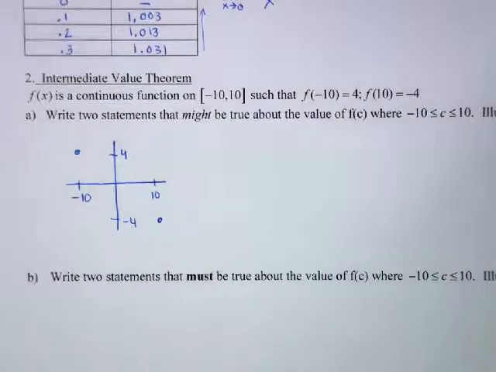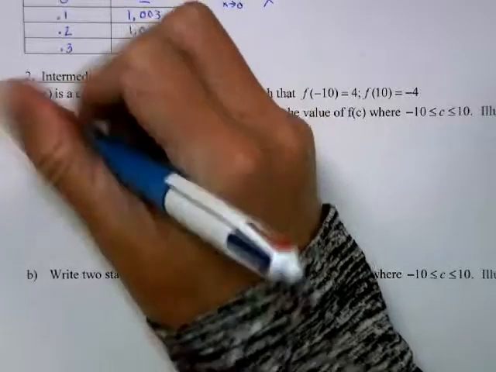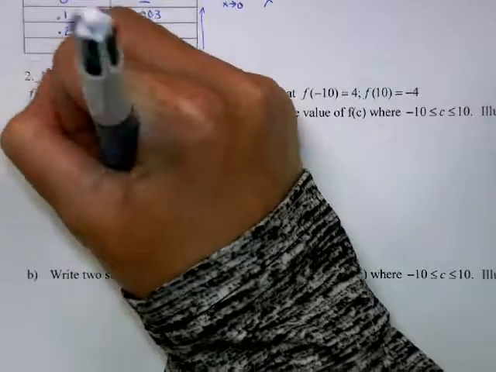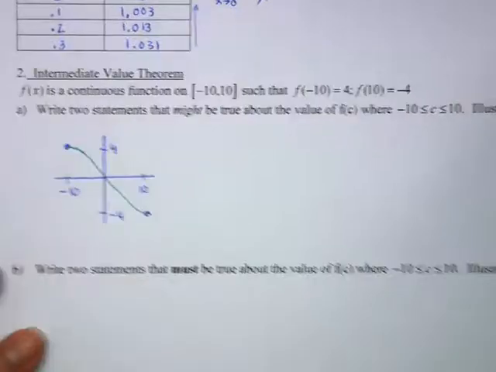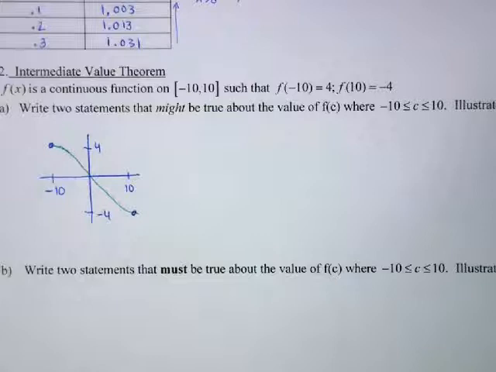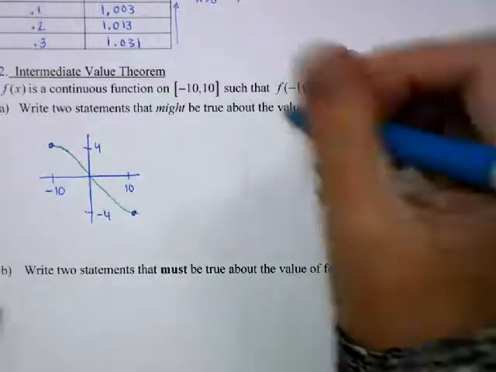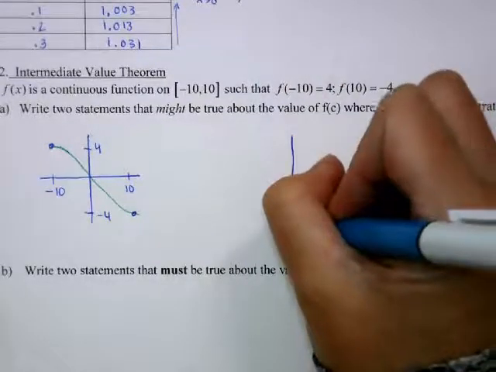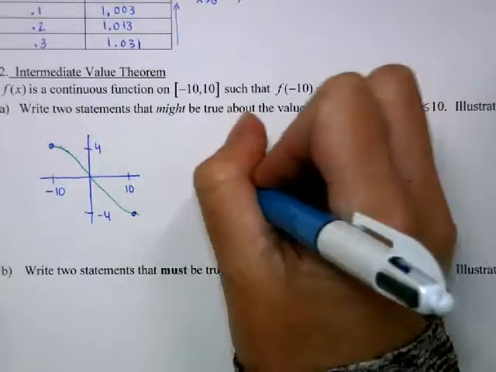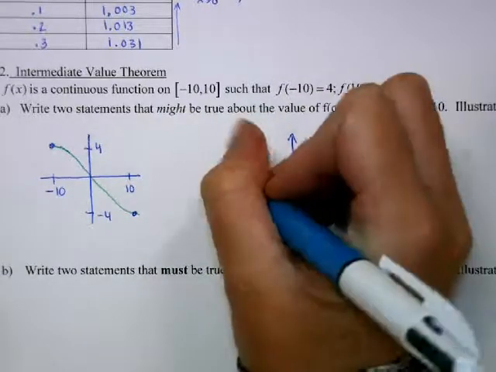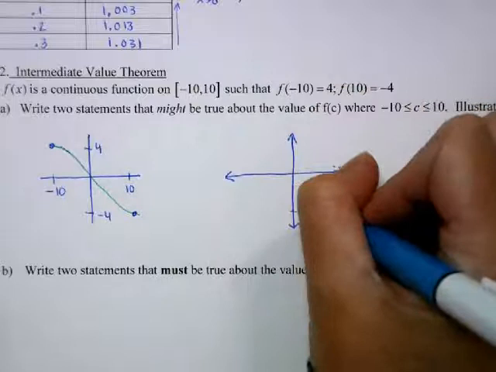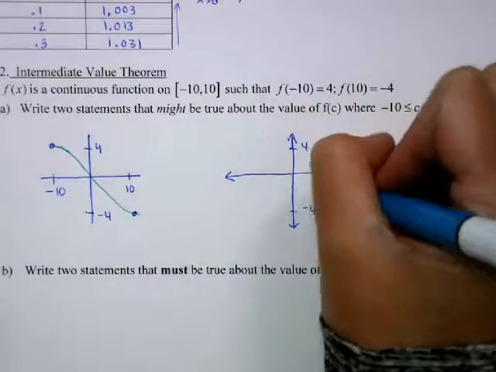So I could graph it like this. I'm going to draw 2 of them. Okay, so we've got our 2 points that we know are on the graph.